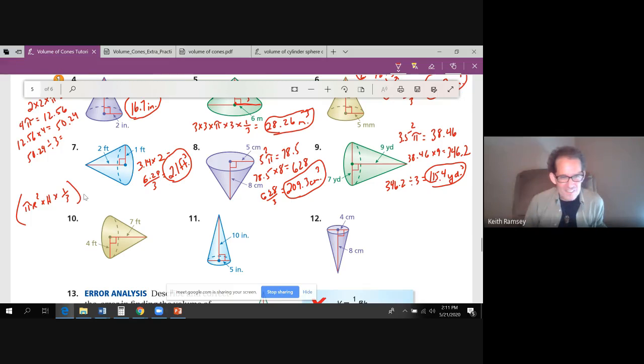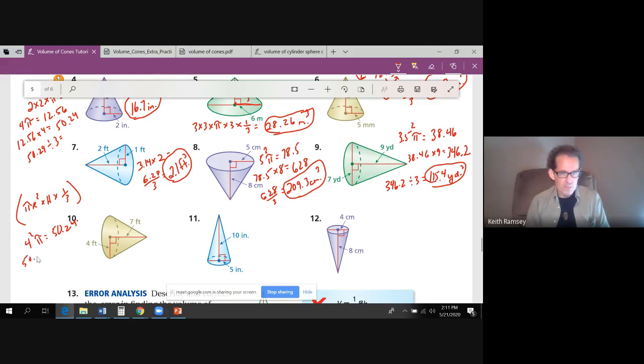Okay, hopefully that gave you a chance to try 10, 11, and 12. Let's look at 10 together. So my radius is 4. So I'm going to have 4 squared times pi. So I know 4 times 4 is 16. I know 16 times 3.14 is 50.24. That's step 1. Step 2 is to multiply that, the area of the base, times the height.